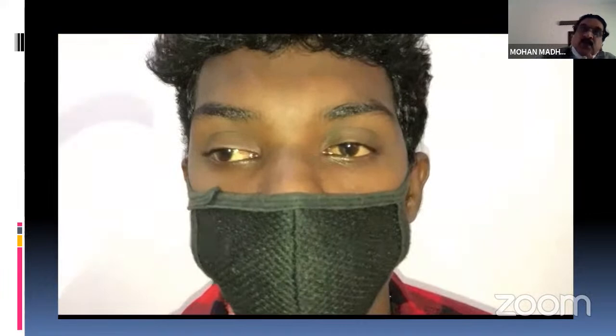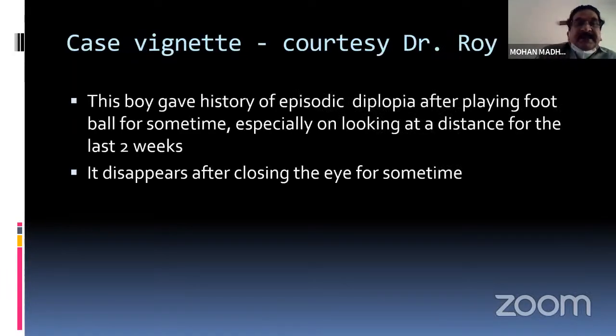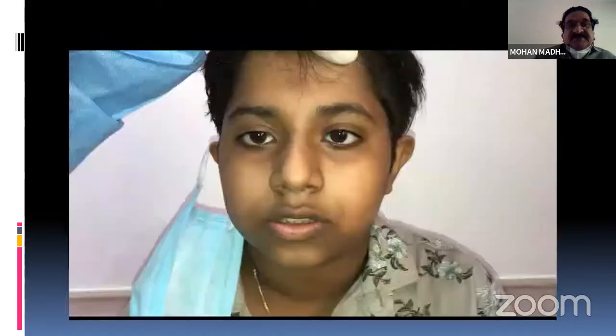If one eye had been paralytic, when the patient fixated with the normal eye, the paralytic eye's deviation would be much less compared to the deviation of the normal eye when the paralytic eye is made to fix. The normal eye has to move much more, according to Hering's law of equal innervation. So I'll make it clear to you by showing this particular diagram. Come back to this particular patient. Okay.